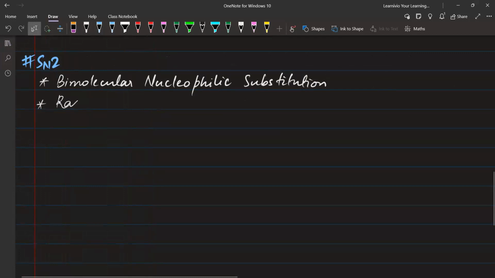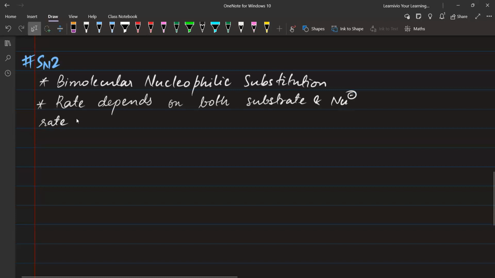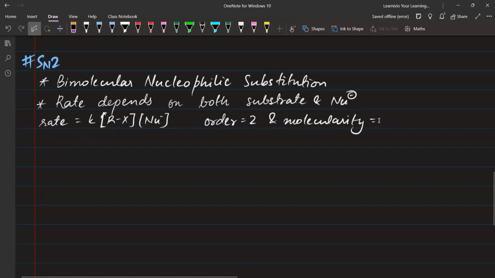In this, the rate depends on both substrate and nucleophile, and the rate can be given as K into the concentration of haloalkane as well as the nucleophile. So you can say that the order is what? Here the order is 2, and the same is the molecularity also. Molecularity is also 2.